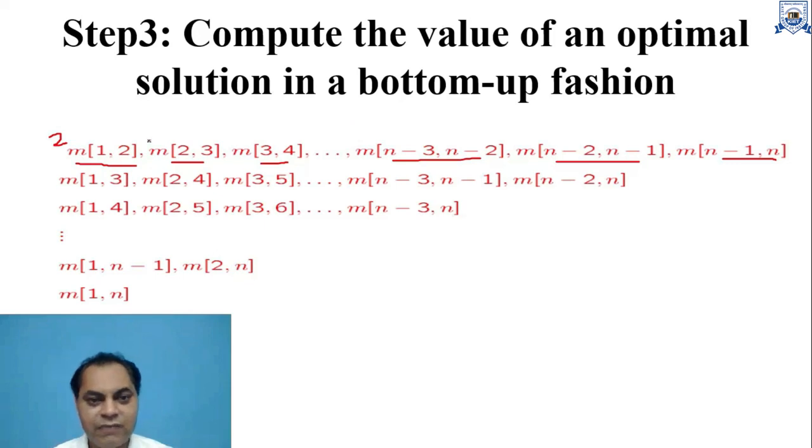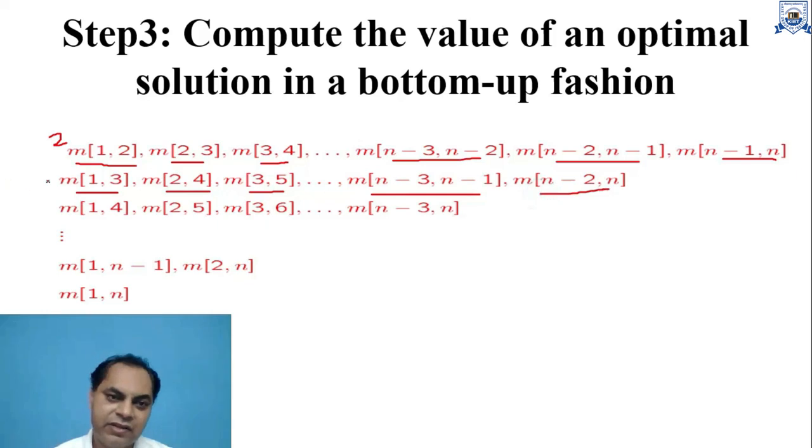After getting the solution of size 2 matrices, we have to find the solution for size 3 matrices. So size 3 would be 1 to 3, or 2 to 4, or 3 to 5, up to n minus 2 to n. This is for size 3.